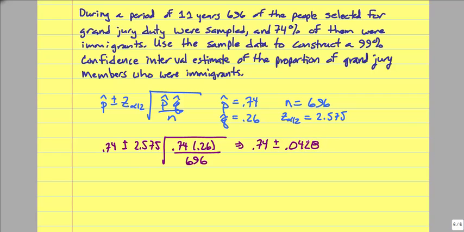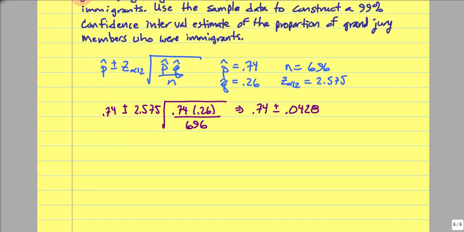Now usually there'll be some directions about rounding, so let's round this to 3 places. So for our left endpoint, what we'll have here then is 0.74 minus 0.0428. And then for my right endpoint, it's 0.74 plus 0.0428. It always goes from the smaller value to the larger value.